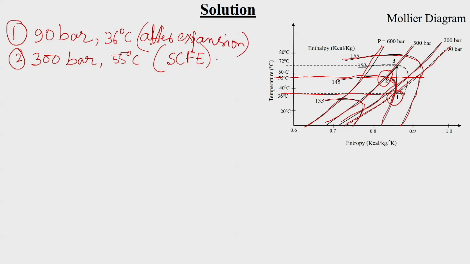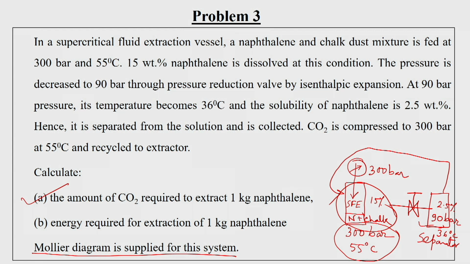After expansion, the pressure is released as well as the temperature decreased. Then it is separated from the solid, which we will discuss, and CO2 is compressed to 300 bar again.